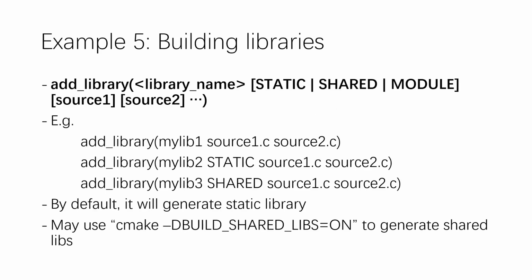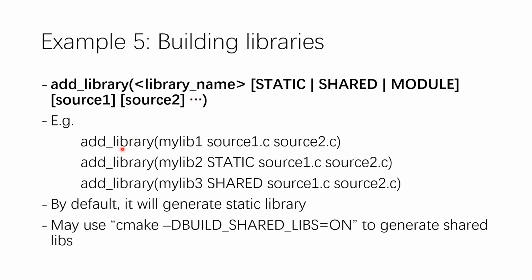In CMake, we can use add_library to generate libraries. The first parameter is the name of the library. Then we can specify the type of this library to be static, shared, or module. Here shared means dynamic library. Then we can write the source files to build the library.